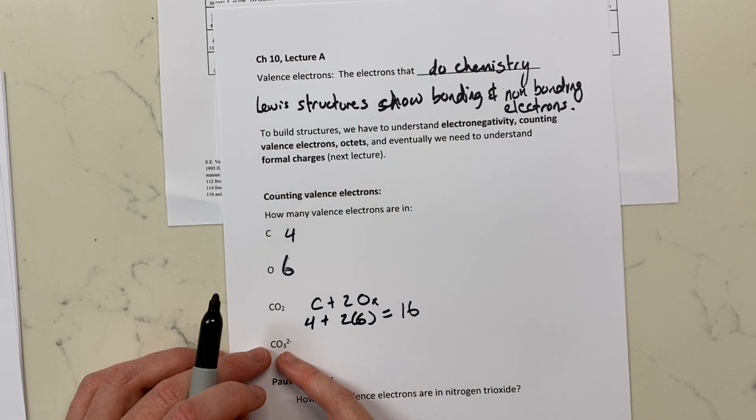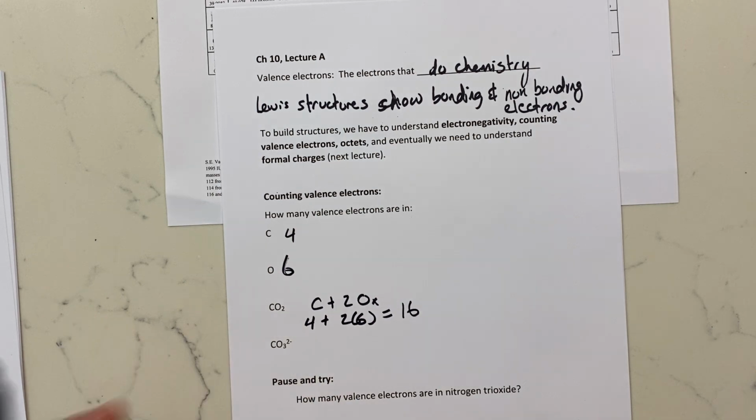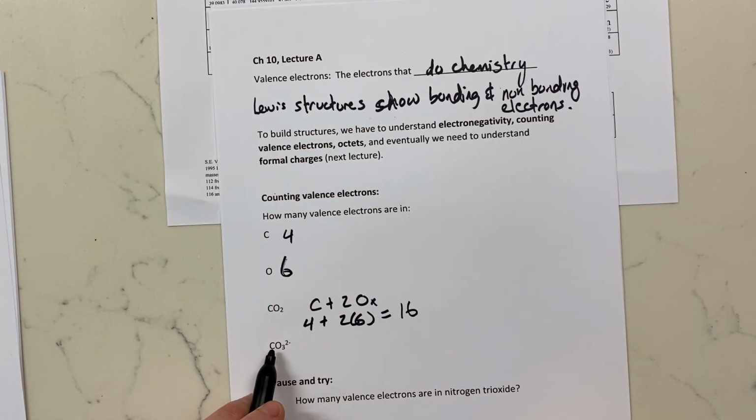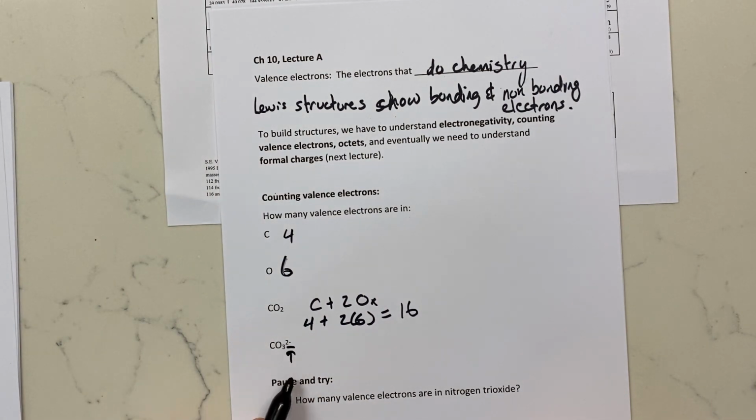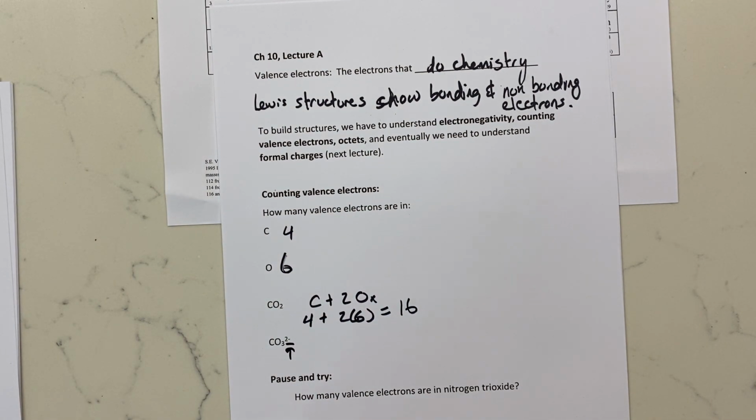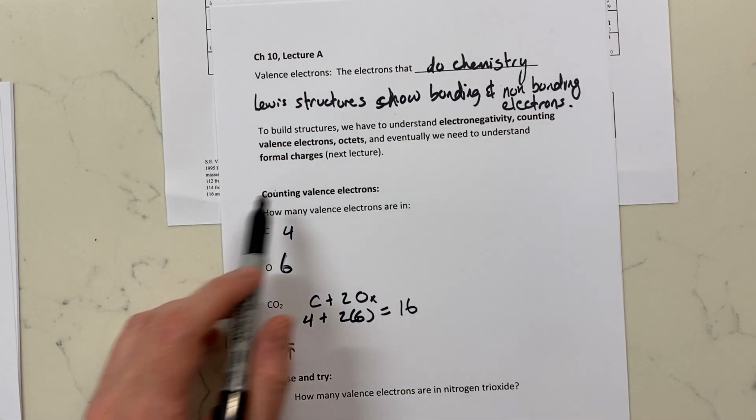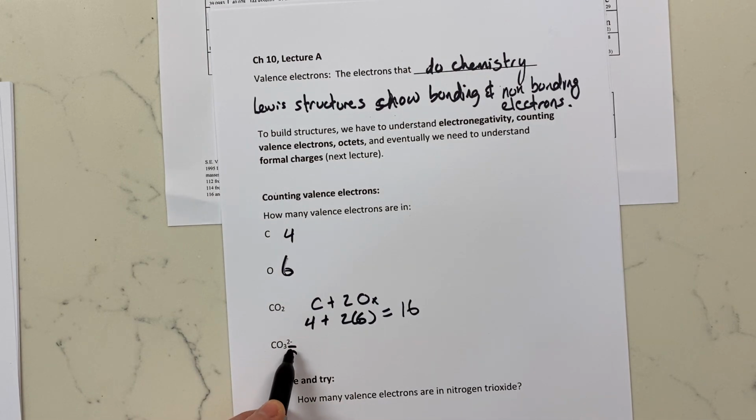All right, now we get to something like carbonate down here, a carbonate ion. It's got carbon plus 3 oxygens, but it also has a 2 negative charge. This tells you there's 2 additional electrons. Now here's something I thought about after I already wrote this worksheet. Whenever you're counting valence electrons, put the charge first.